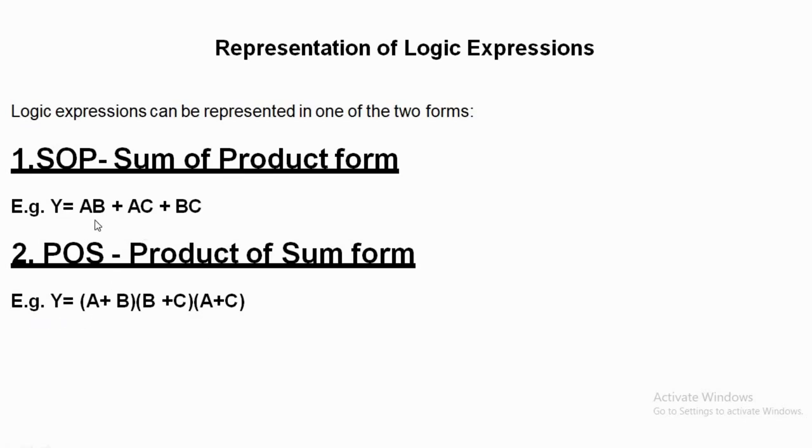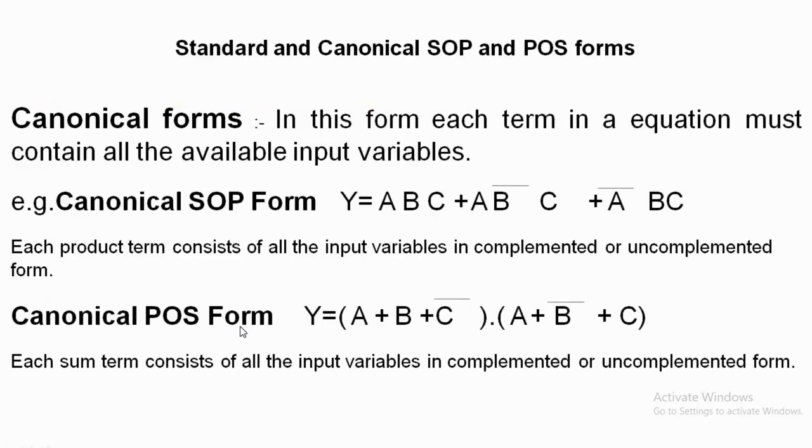In SOP form, product terms are summed together, and in POS form, sum terms are multiplied together. Canonical forms: in this form, each term in an equation must contain all the variables.